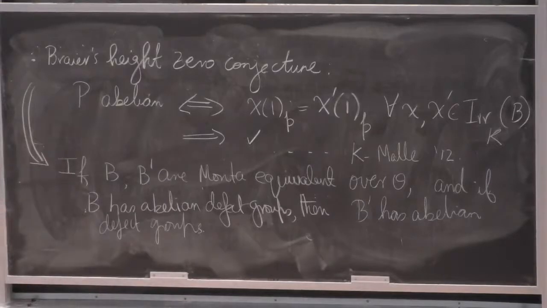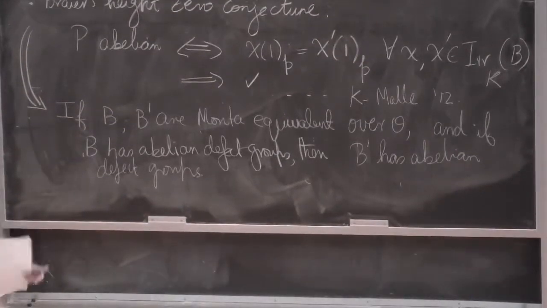Okay, but this question is a much weaker question than Brauer's height zero conjecture, because it's not asking for a direct characterization of being abelian. It's just saying that if two blocks have the same module categories, their defect groups are abelian. But this is open, so we don't know how to prove this. And I think there should be some homological way to get at this question. But that brings me to a more general question.